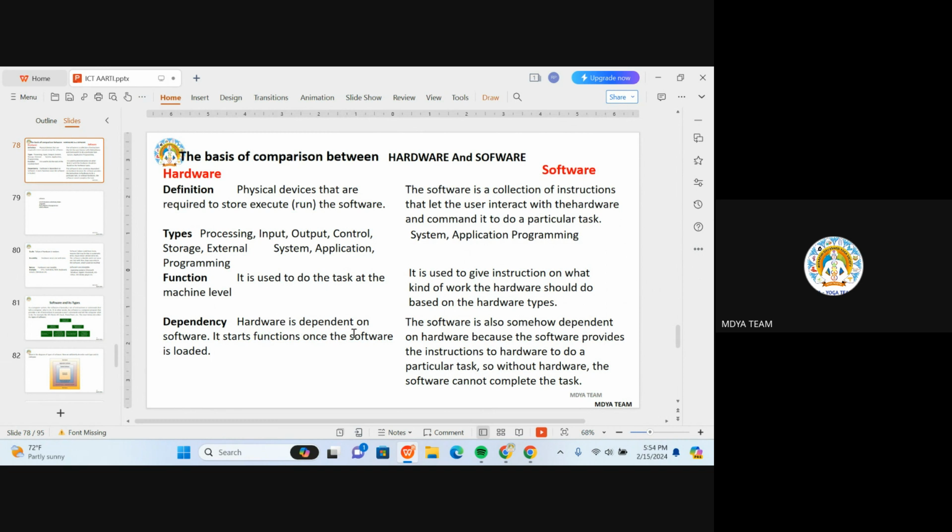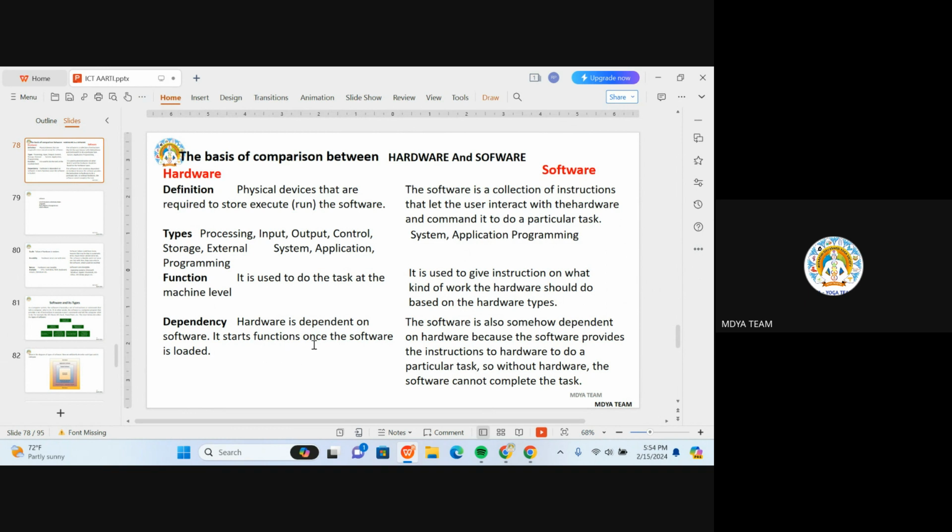Dependency. Hardware is dependent on the software. I have a keyboard, but I have no operating system in my PC or my laptop. I can't work, because hardware is meaningless for me. It is like a box, like garbage. If there is no operating system in my computer, this is meaningless for me.